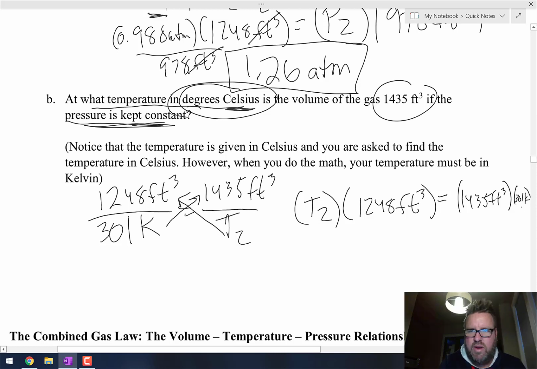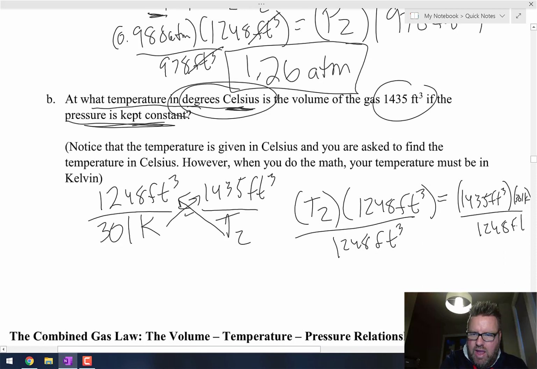Sorry, running out of room there. Okay? And so to get T2 by itself, we've got to multiply both sides by our 1,248 cubic feet. So I'm going to take 1435, multiply by 301, divide by 1248, and hopefully I did it right.